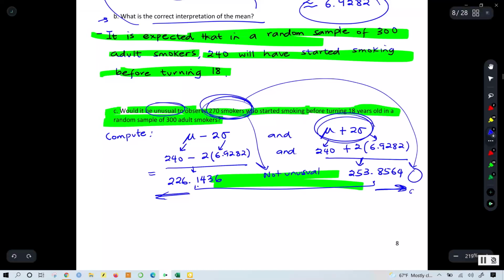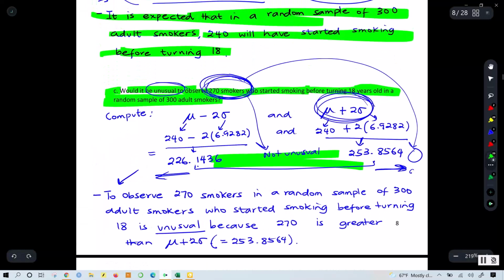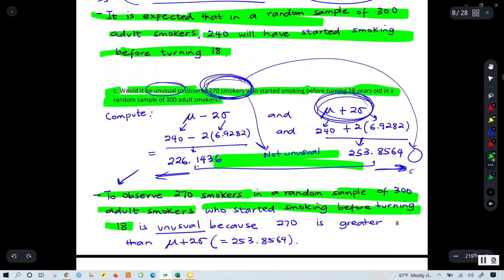And because that is so, we can say that yes, to observe 270 smokers who started smoking before turning 18 years in a random sample of 300 adult smokers would be an unusual event because 270 is greater than mean plus 2 sigma. So the summary of all of that is that to observe 270 smokers in a random sample of 300 adult smokers who started smoking before turning 18 is unusual because 270 is greater than mean plus 2 sigma.